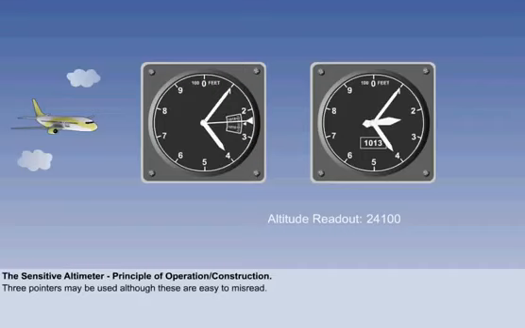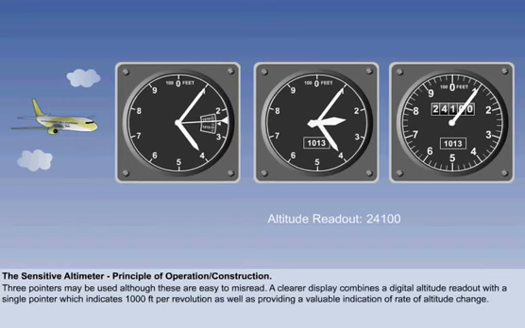While this may initially be seen as advantageous, there is a major shortcoming here, in that the 3-pointer system is easy to misread. Both the altimeters shown here are actually indicating 24,100 feet.